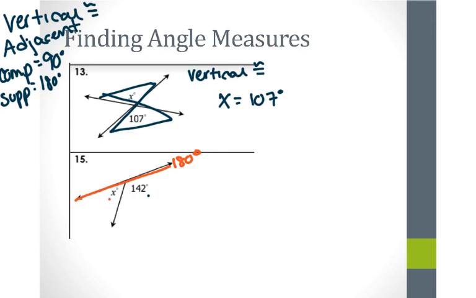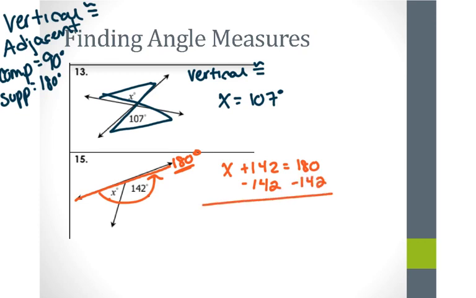But I need to solve for X. I know the two of them together have to give me 180, so I'm going to add them and set them equal to 180. Now I have a one-step equation to solve, so I'm going to solve by subtracting 142. So I get X to equal 38 degrees. So X in this case would be 38 degrees.